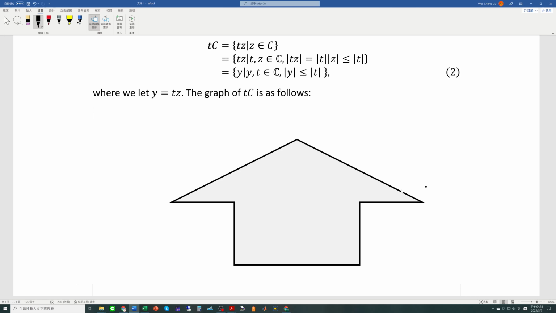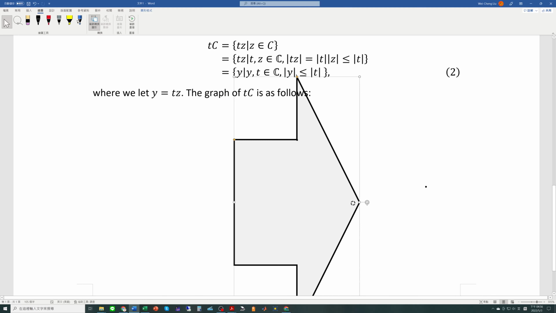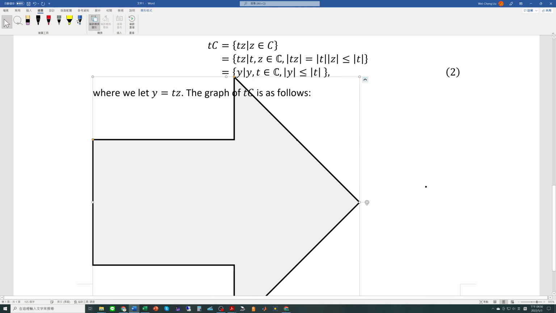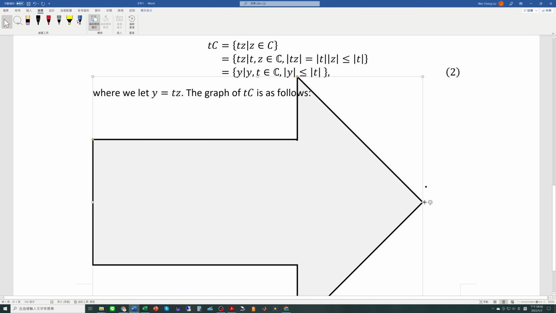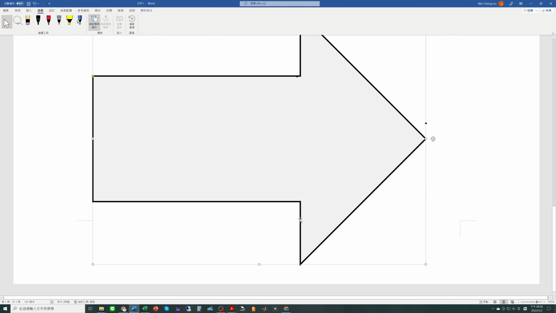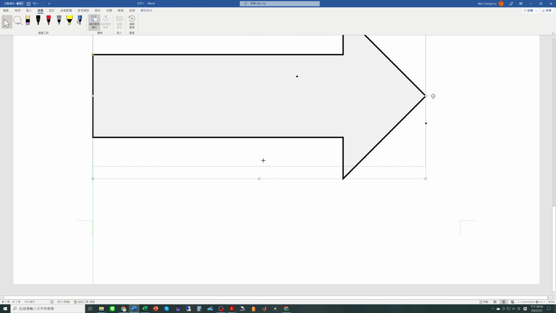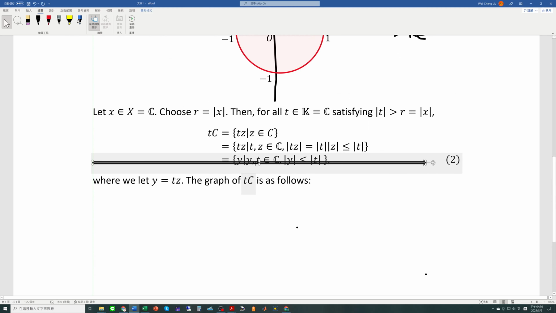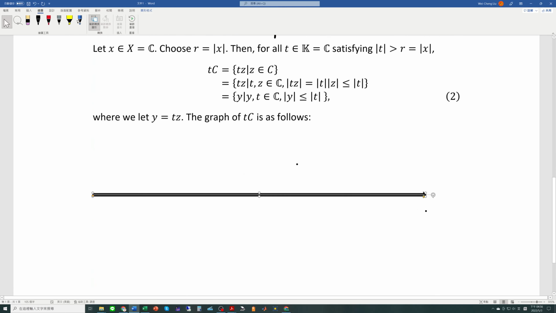What happened? I know this is an arrow. So let me rotate it, and pull it here and here, and shrink it into an arrow, like this.